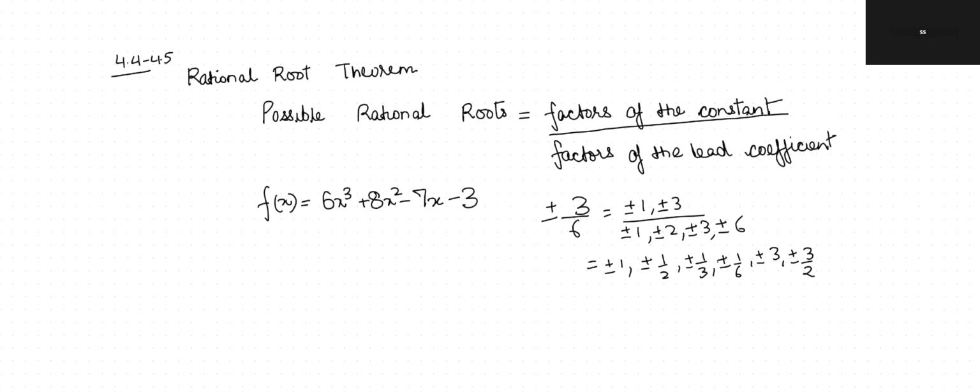So we can get one root, or two roots, and then we can do synthetic division and find the other roots. Okay. So what we have to do is find the factors of the constant divided by the factors of the leading coefficient. Okay. So let's do one example regarding this.